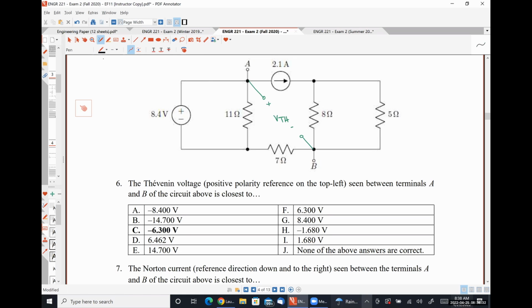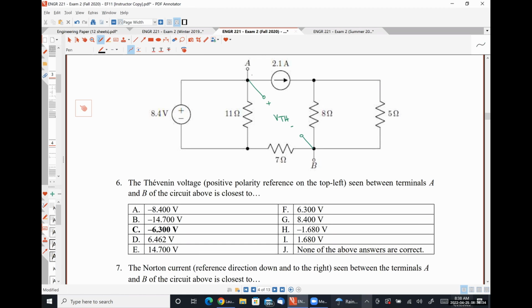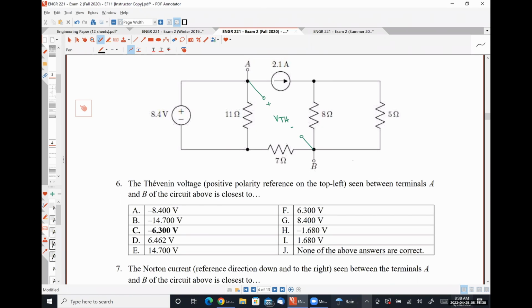I'm going to do that using, let's see, I have 1, 2, 3, 4 nodes, one of which will be ground, or I have 3 meshes. So it's going to be a 3 equation, 3 unknown system either way. Because I'm trying to solve for a voltage, I'm going to use nodal analysis. So the question then becomes, where do we put our ground?